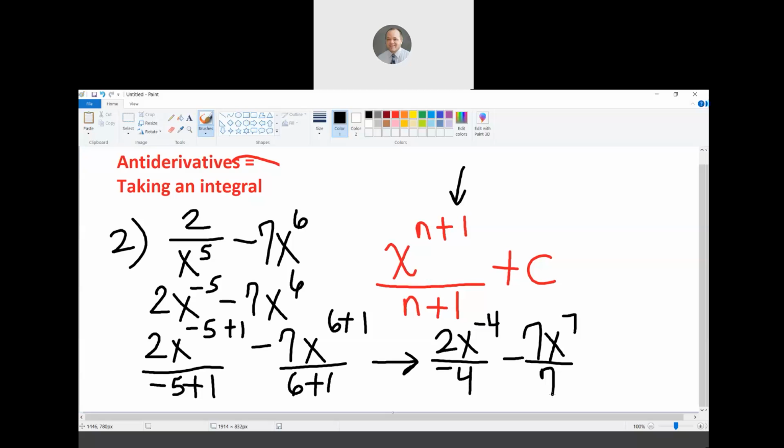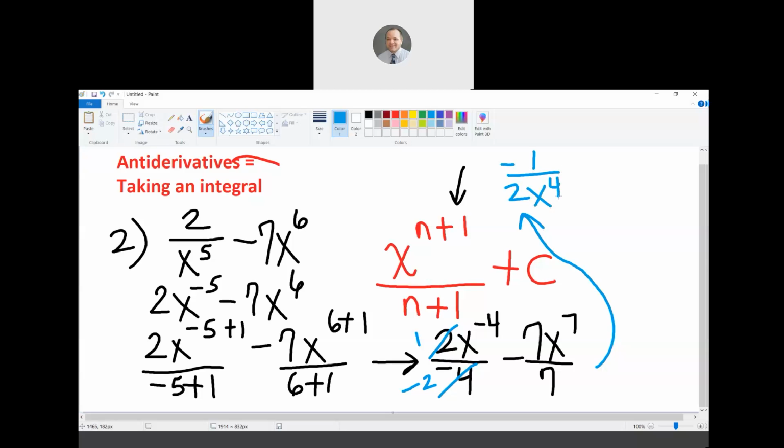Now, a few things we can do with the first part of our antiderivative. We can cancel out or simplify 2 over negative 4. And we can also rewrite the x to the negative 4th power with a positive exponent. So that will become now negative 1 over 2 x to the 4th power.